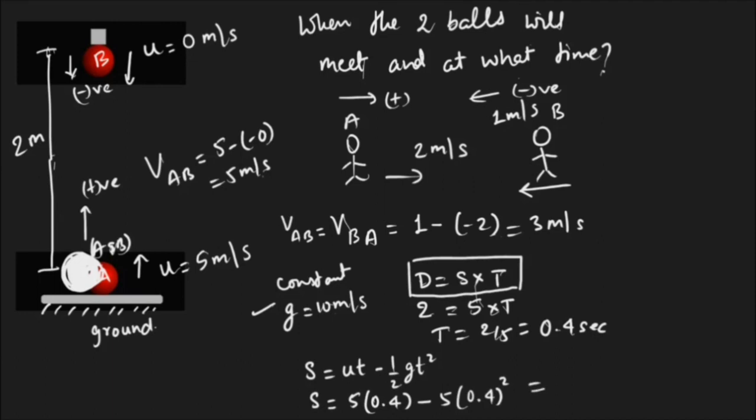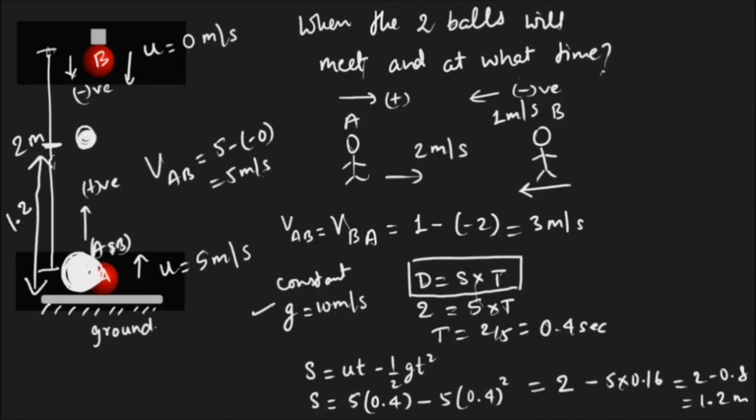So this is 0.4 into 5 is 2, minus 5 into 0.16. 5 into 0.16, 16 fives is 80, so 0.8. We get 2 minus 0.8, which is 1.2 meters. So from the ground, at a distance of 1.2 meters, they will meet.